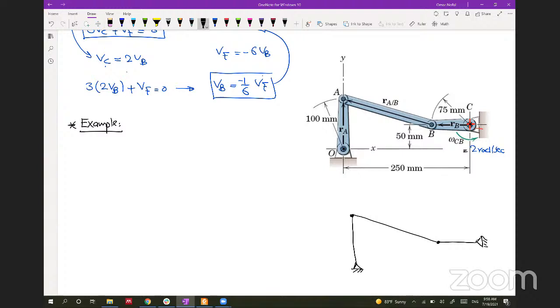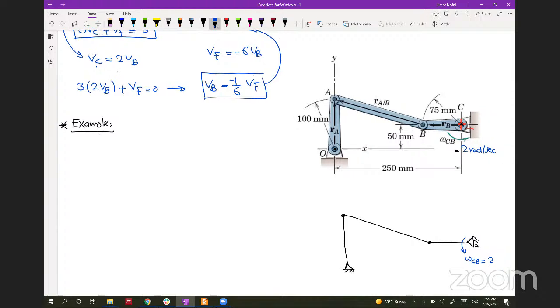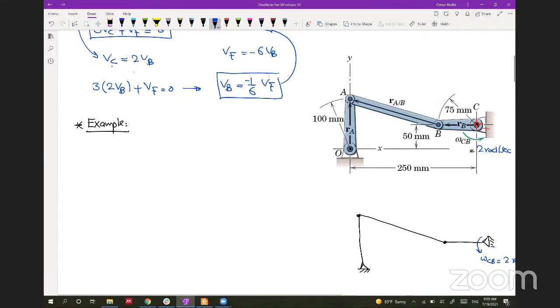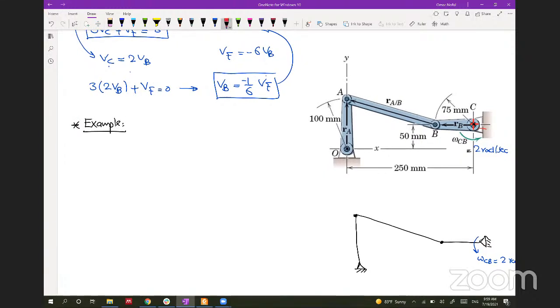So we have omega CB equal to 2 radian per second, and we have O, A, B, and C. Let's draw the directions of the velocity.